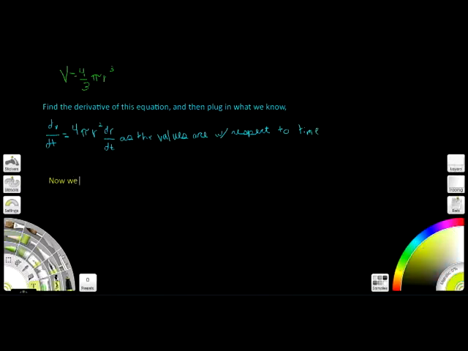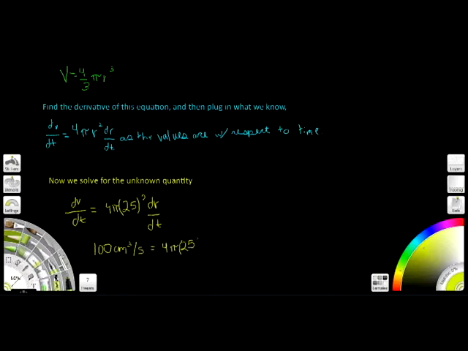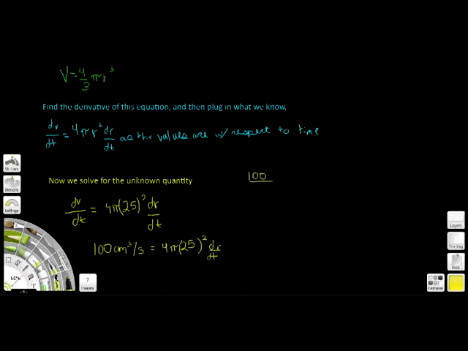Now we solve for the unknown quantities. dV/dt equals 4 pi times 25 squared dr/dt. After plugging it in, dV/dt equals 100, so 100 cm³ per second equals 4 pi times 25 squared dr/dt.